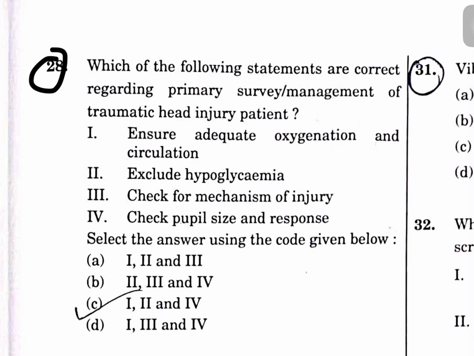So all statements are correct except the third one. The correct answer here is C. So let's see. Ensure adequate oxygenation and circulation, exclude hypoglycemia, and check pupil size and response. This is correct. Check for mechanism of injury, that is not in your primary survey.